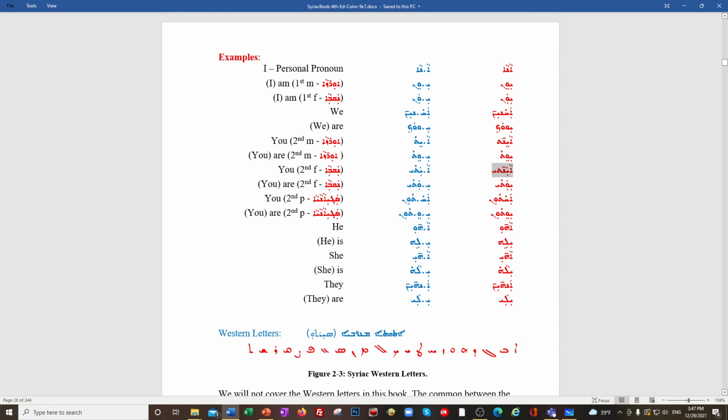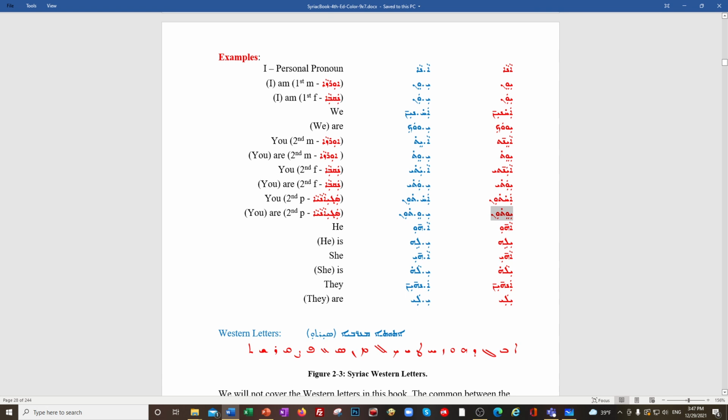Ayat, you to the second person female, naqwa. Iwat, ayat iwat, you are, second person female. Akhtun, you are, you to the group, second person group, sagi anaya, akhtun.